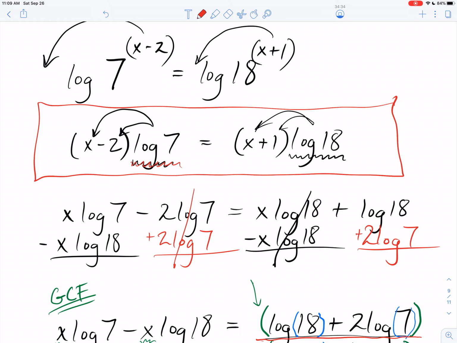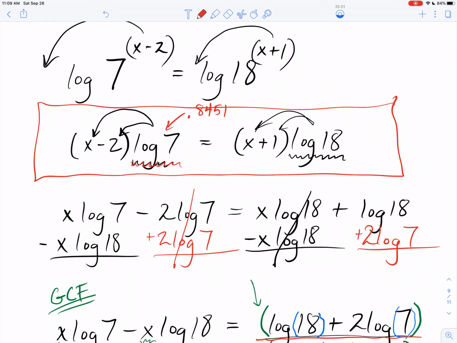Oh my God, my voice is going out. Log of 7 is just a number. If I punch log of 7 in on my calculator, I get 0.84509. Okay, so I'm going to round it off. 0.8451. That would be what I'd get if I rounded it off to the 4th decimal place.